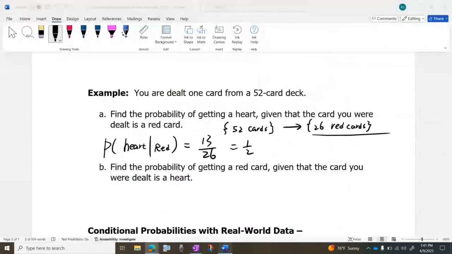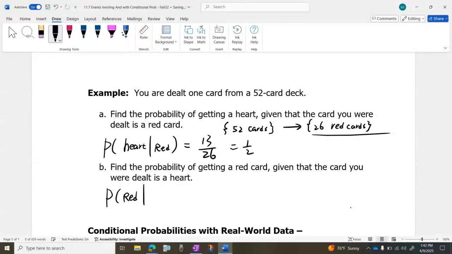Part B, find the probability of getting a red card given that you were dealt a heart. So this time we are looking for the probability of getting a red card given a heart. Just switch the location of the two events, right? So let's see now what's the restricted sample space. The sample space will shrink to the 13 heart cards, because we already know we got a heart.